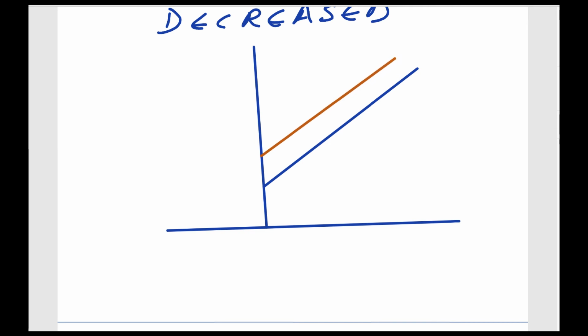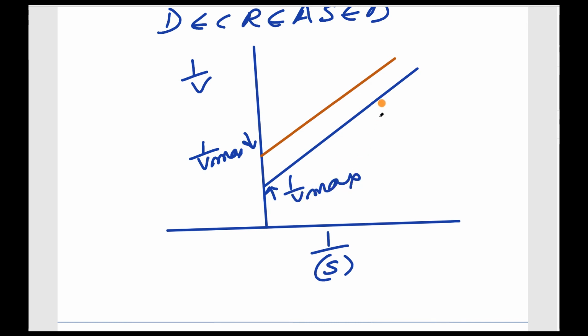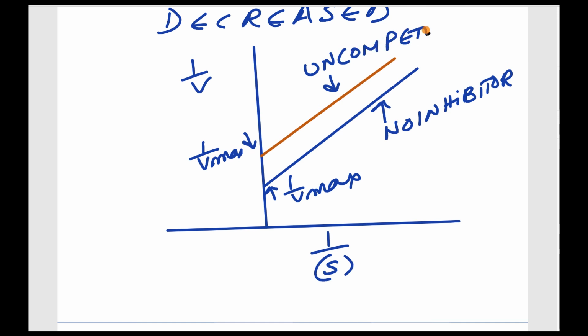This is 1 by V and this one is 1 by S. Here it is 1 by V maximum. Here it is no inhibitor, and here it is the uncompetitive inhibitor.